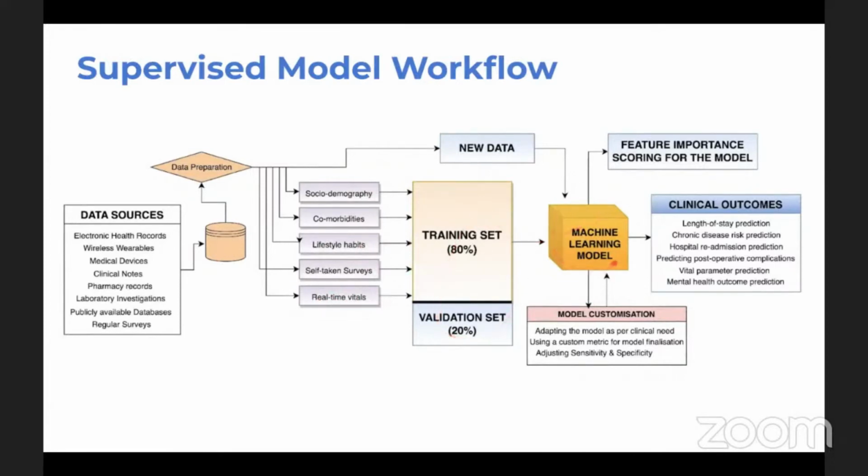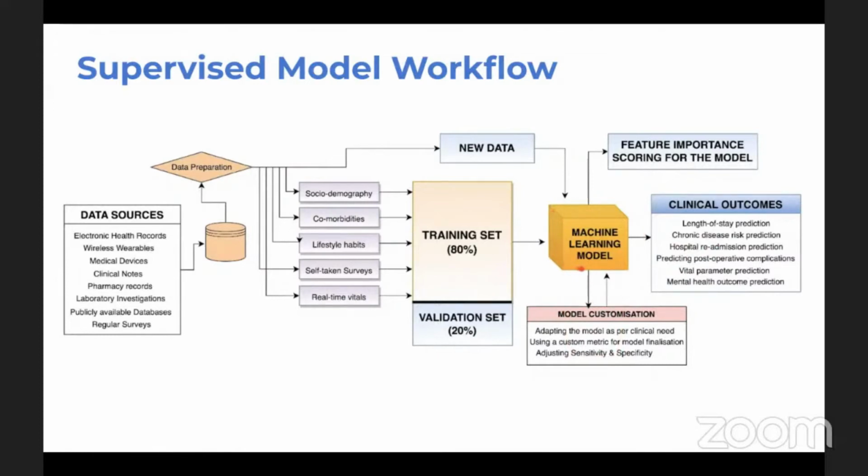Now this model can be used to predict, as I already mentioned, length of stay, chronic disease risk, hospital readmission, post-op complications, vital parameters, and all those things. The model can be customized and updated as per the clinical need.